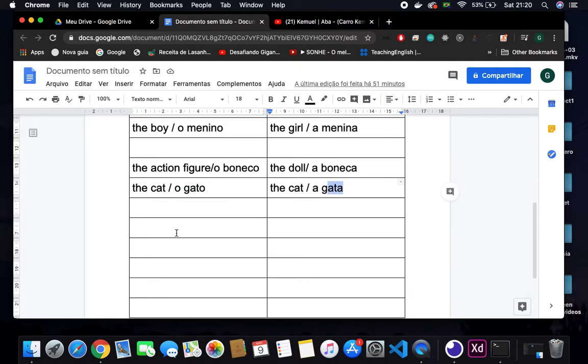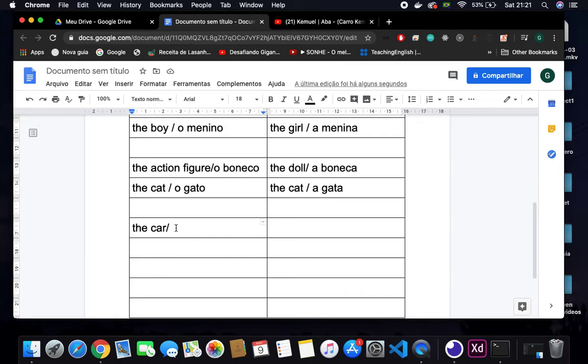Okay? Now remember, guys, there are other words that don't end with O or A, and you still have to distinguish the gender here. Remember that we had an example in the last video where I talked about the car, for example. The car doesn't end with O, neither with an A. So how can I tell the gender?